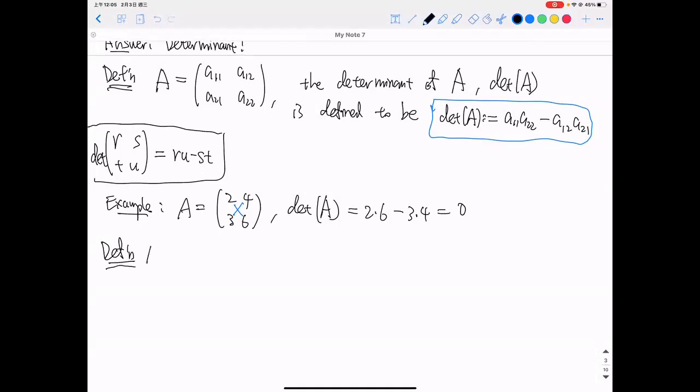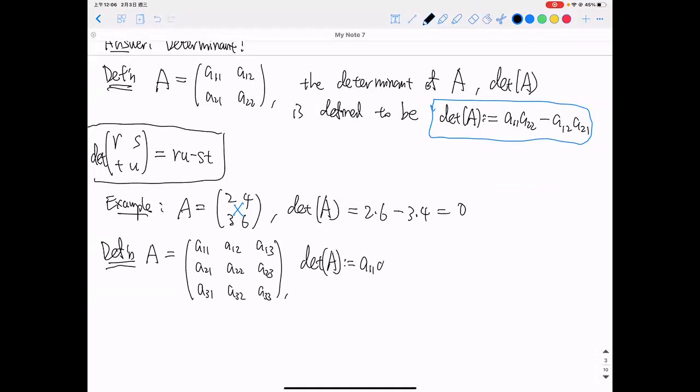Now, let's consider the 3x3 case. A11, A12, A13, A21, A22, A23, A31, A32, A33. Now the determinant of A is defined as follows.